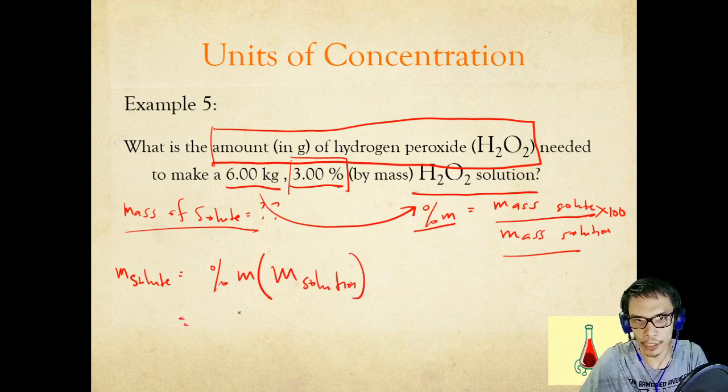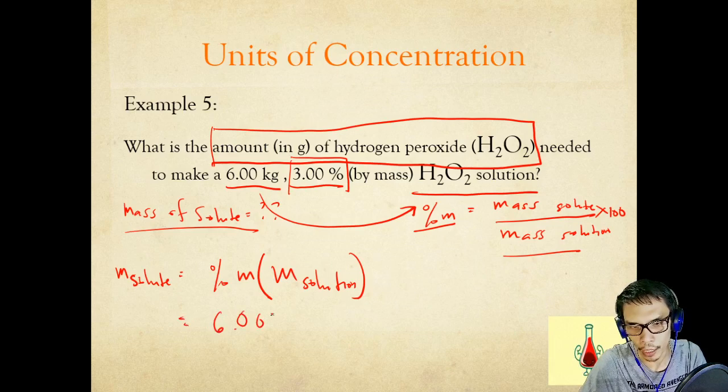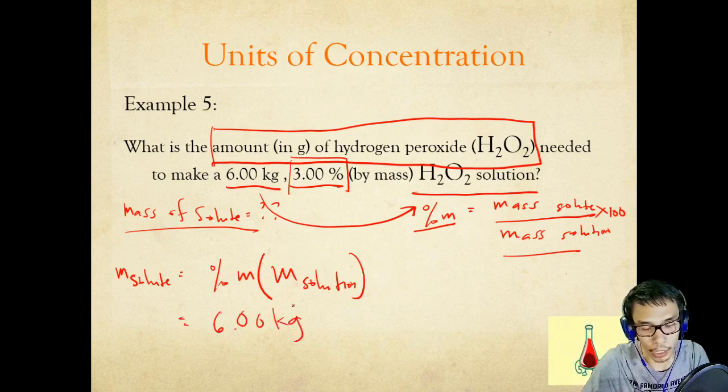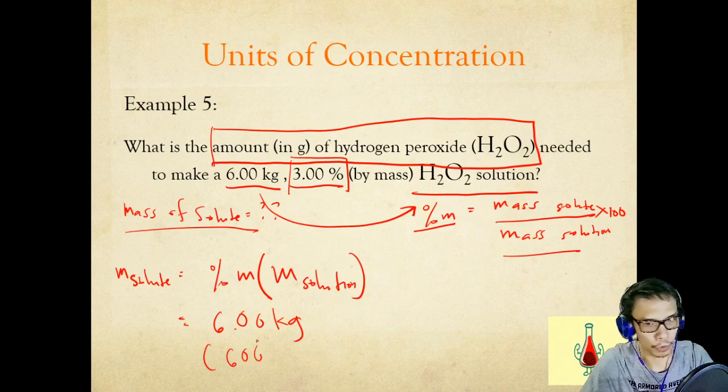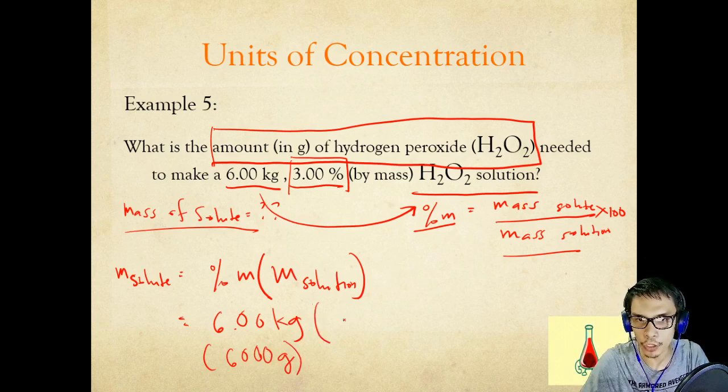So in this case, the mass of solution is 6 kilograms. We can change this into grams. So basically, this is 6,000 grams, and that will be multiplied by the percent, which is 3%, so that will be 0.03 in decimal form.